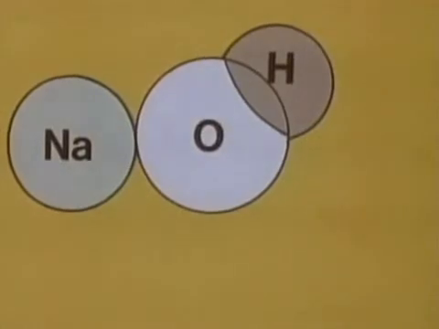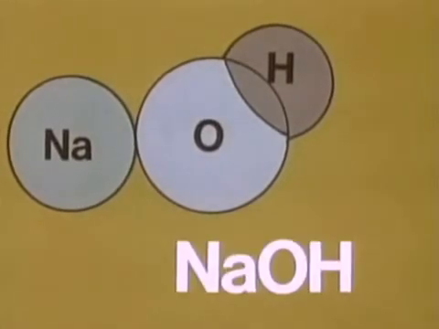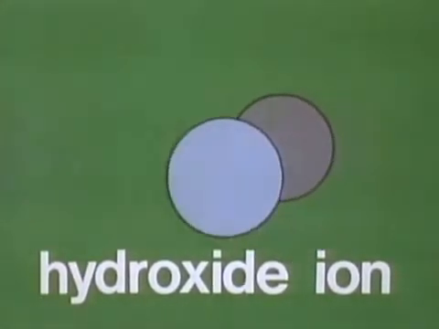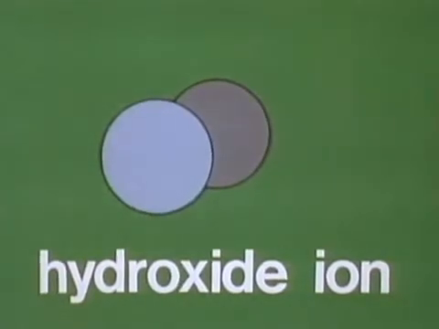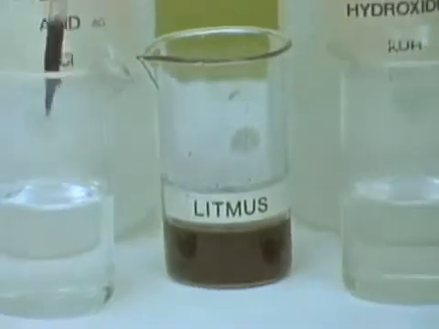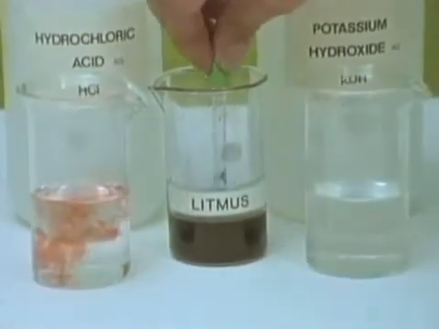In contrast, most bases contain OH, or hydroxide groups, in their formulas. When they dissolve, the hydroxide ions become hydrogen ion acceptors. When we test a solution with litmus, we're really testing the relative concentration of these ions.